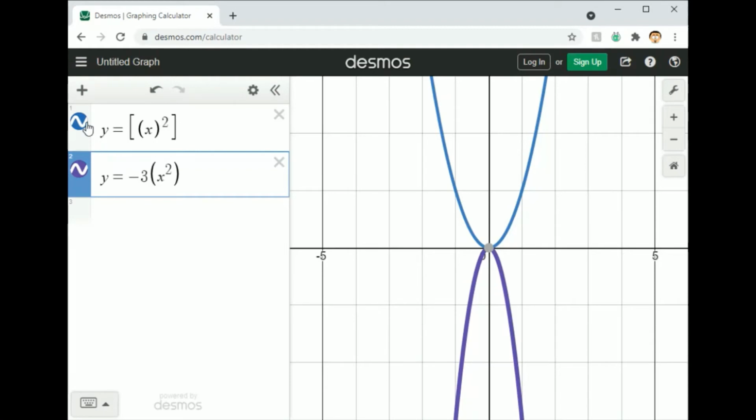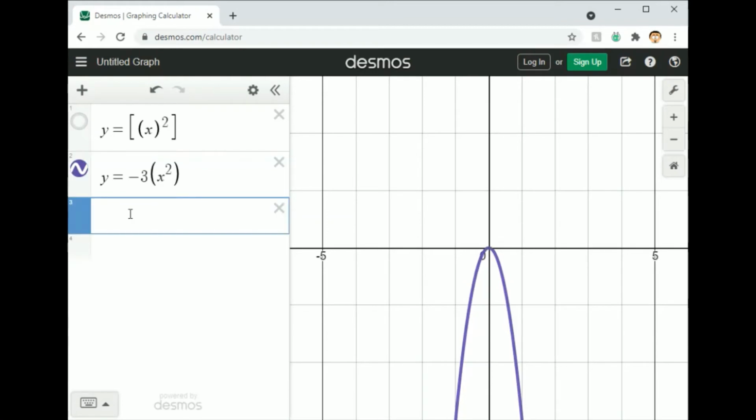All right. I'm going to just turn the original one off for a moment so that we can focus on this one. And then the next thing that we said we did is take a k value of 4, which should compress it horizontally, making it even thinner side to side. Now, I have a feeling it's not going to like this. Let's find out.